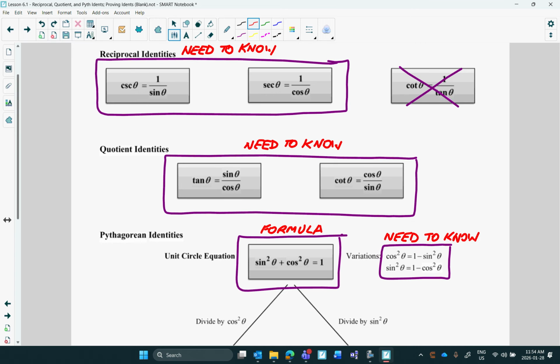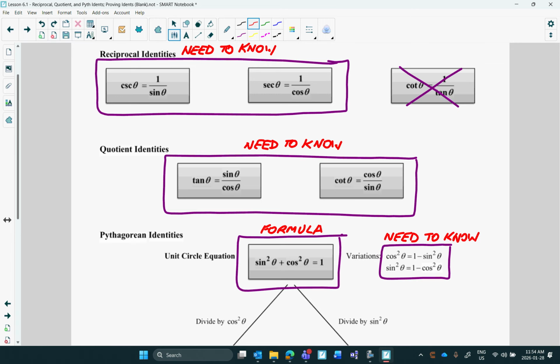I put them on that sheet I gave you as a reference sheet, okay? Like those are the ones I've highlighted as these are the most important ones.